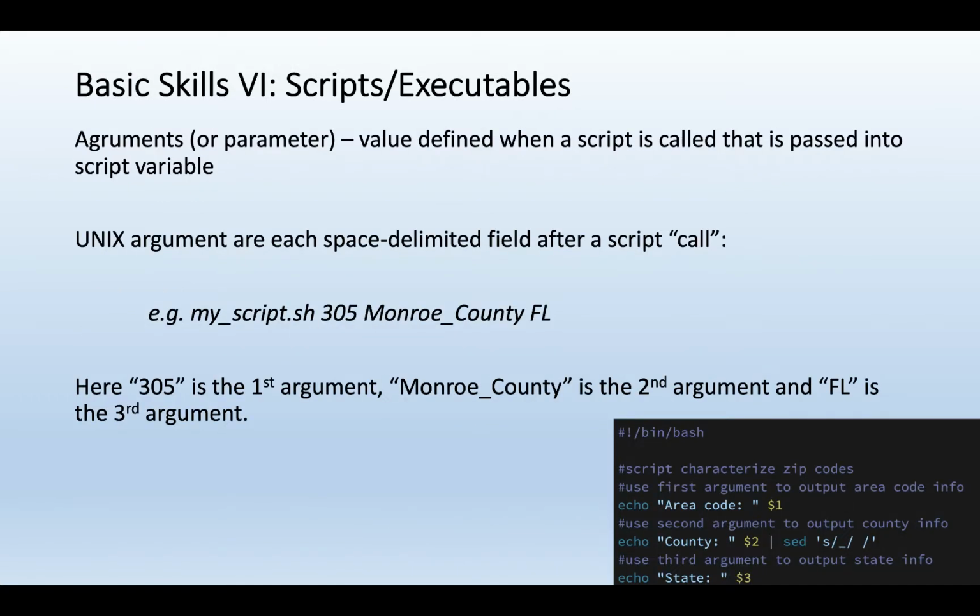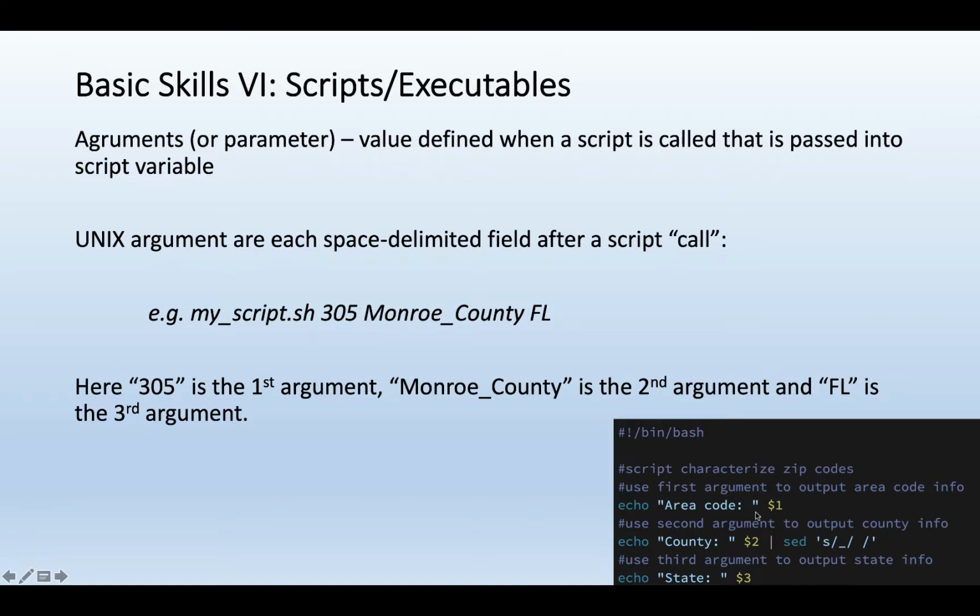Again, arguments are values defined when a script is called and then passed into the script. An example of what that might look like is here, where we have the name of the script and then 1, 2, 3 arguments that come after it. In this case, 305 is the first argument, Monroe County is the second argument, and FL for Florida is the third argument. You can see here how it's then interpreted by the script. This $1, right?